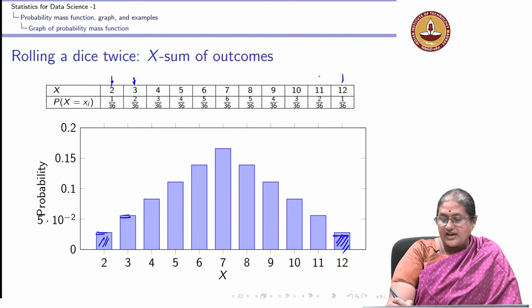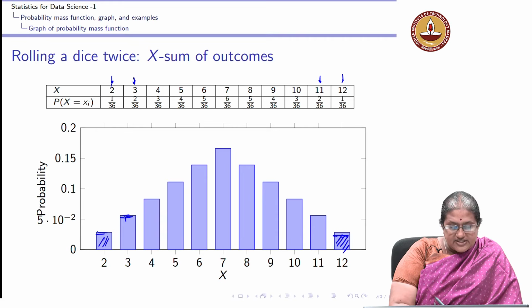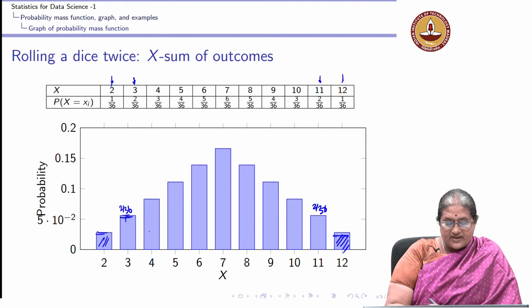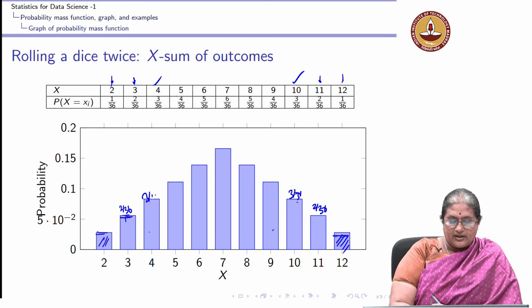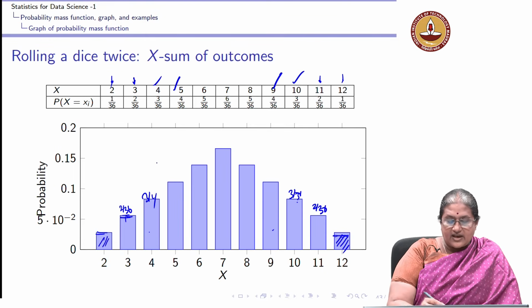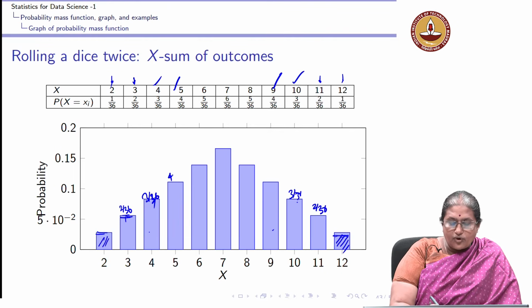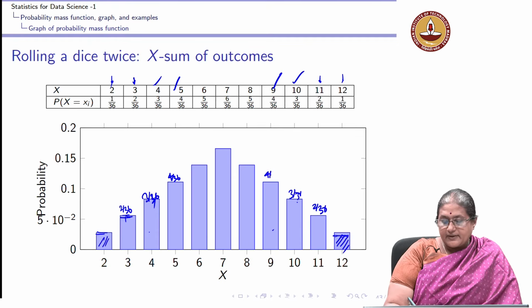Similarly, x takes the values 3 and 11 with the same probability, which is 2 by 36. It takes the values 4 and 10 with the probability 3 by 36. It takes the values 5 and 9 with the probability 4 by 36.